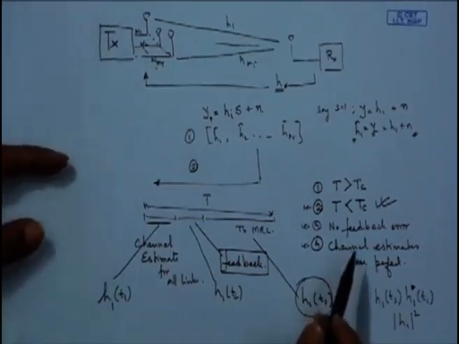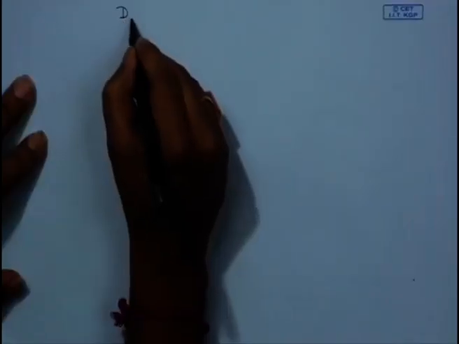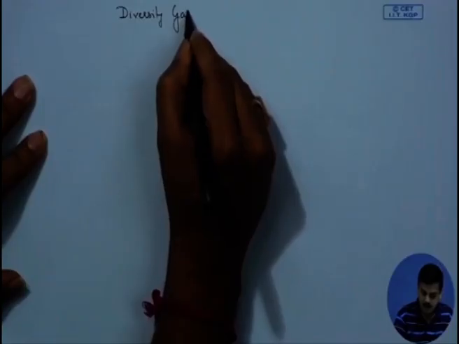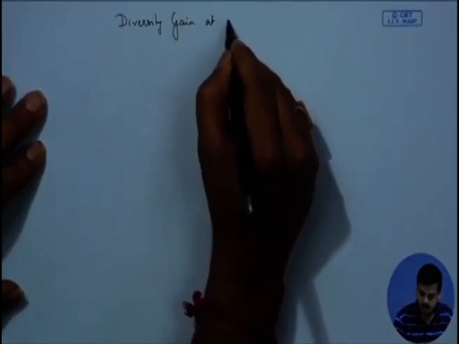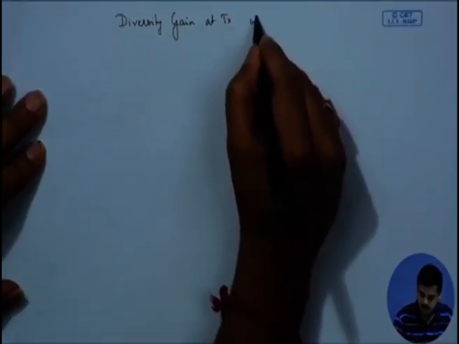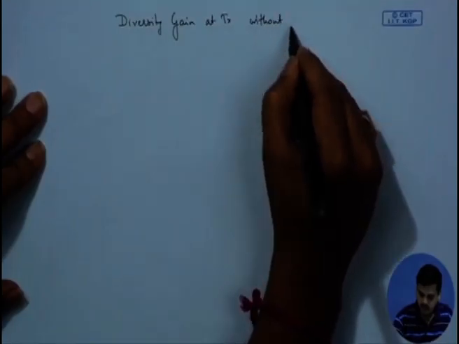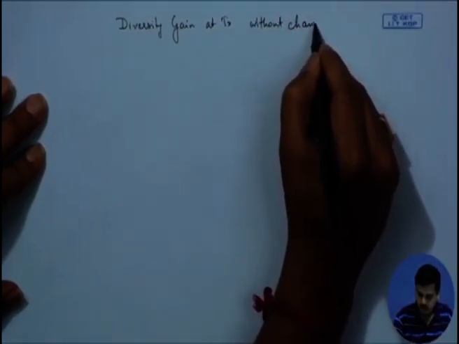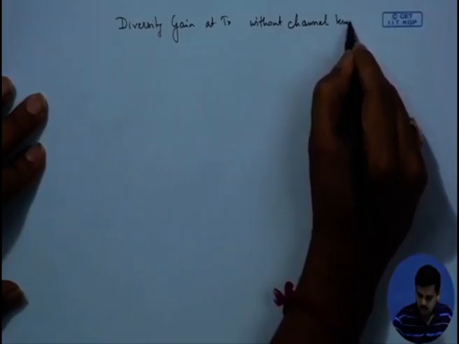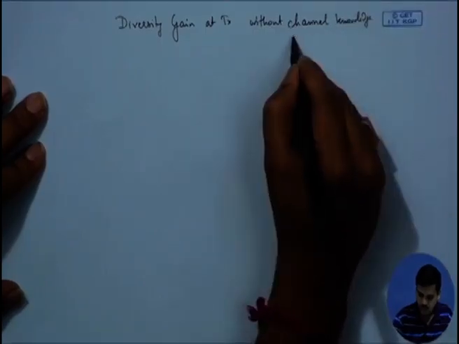So to overcome this, there are mechanisms by which you can obtain diversity gain at the transmitter without channel knowledge at Tx.